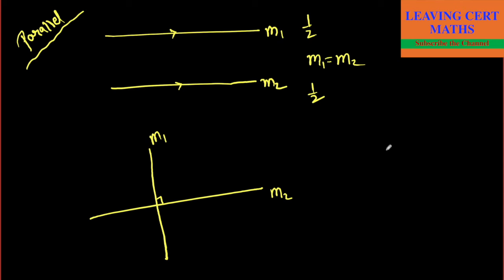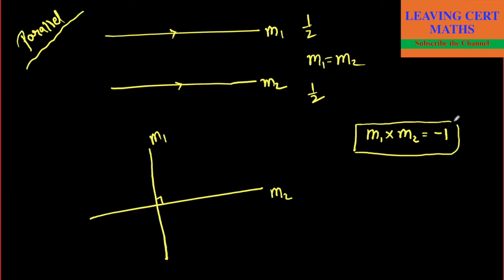They will not be the same. The condition is, if the two lines are perpendicular, then m1 multiplied by m2 will give you -1. Is that clear?